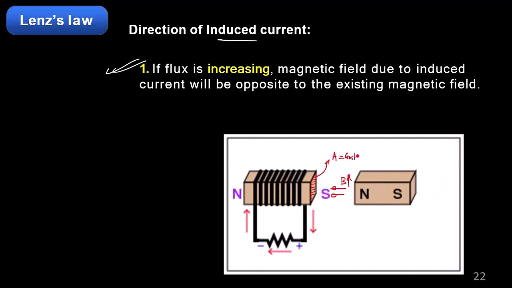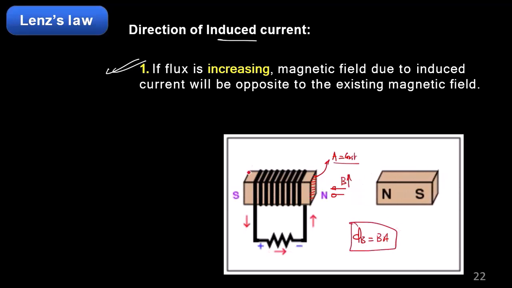I am not changing the area. So the magnetic flux phi B is equal to B into A. Why is the flux changing? Because as I approach the permanent magnet towards the coil, the B value is increasing, so overall phi B will increase.